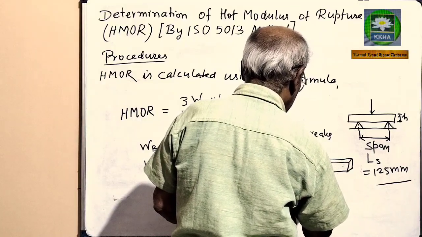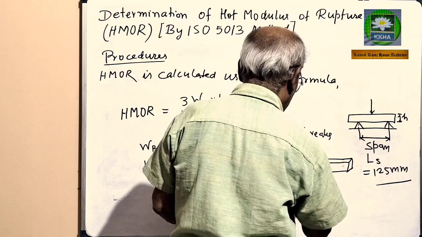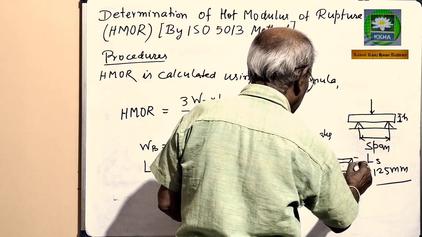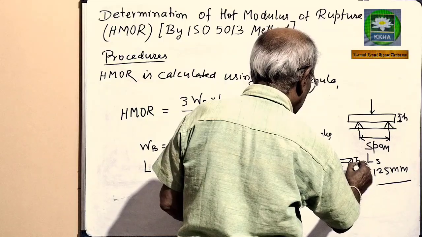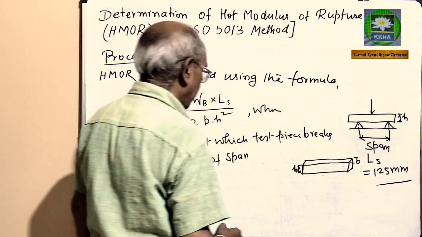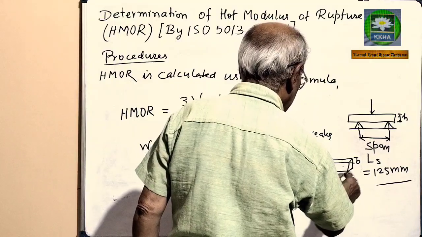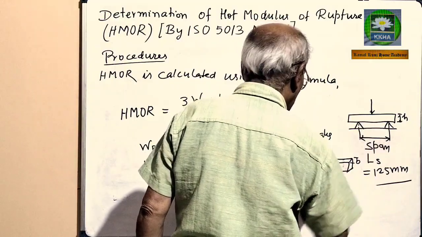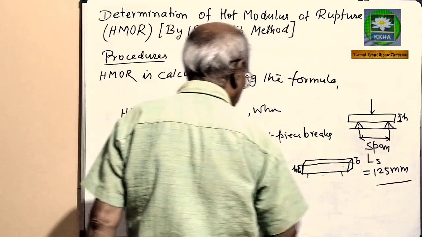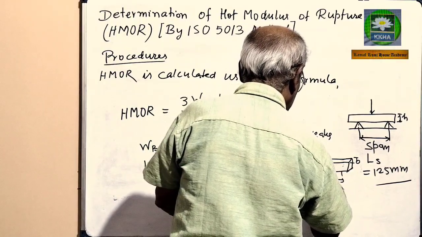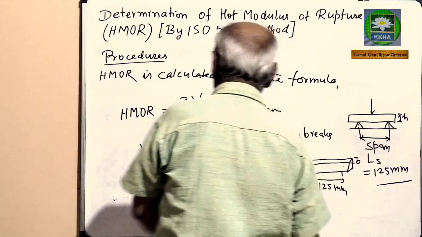So this is H and this is breadth B. And the span is the distance between the two supports, which is 125 mm.